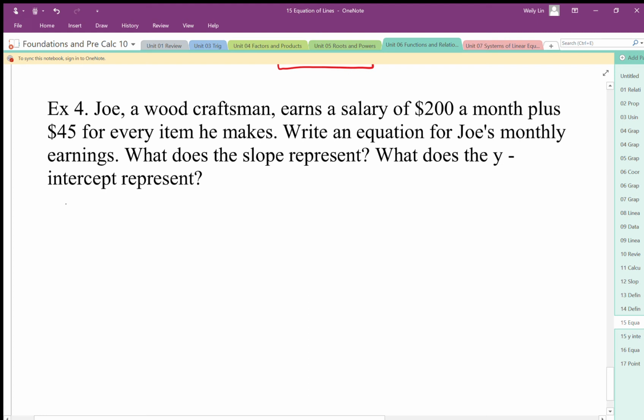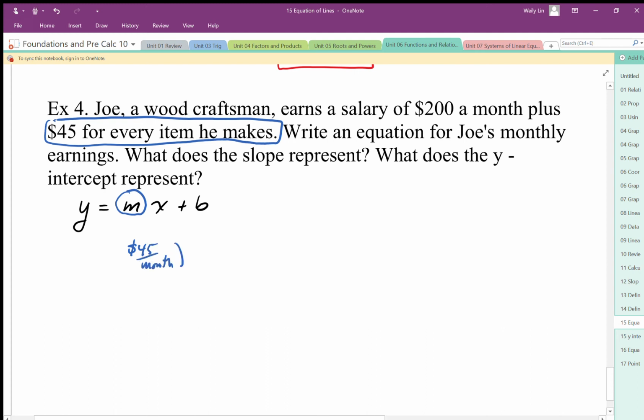So I want this y equals mx plus b. And if I'm correct, this being my rate, I should be able to replace that for m. So it should be $45 per month is my rate.